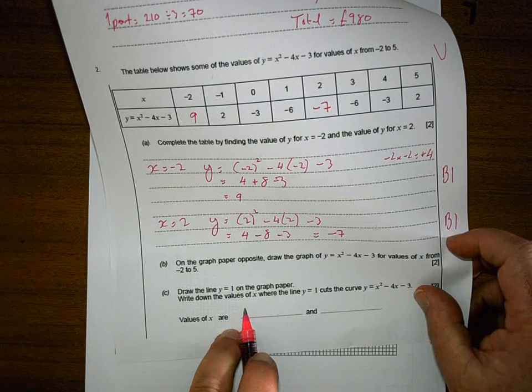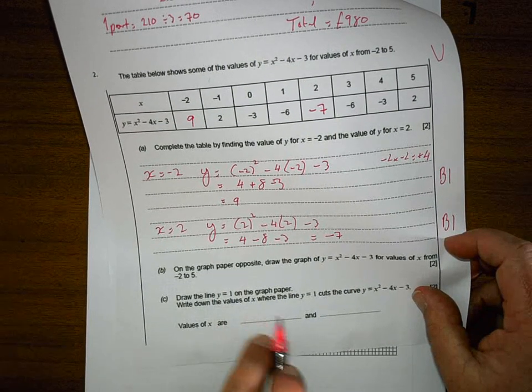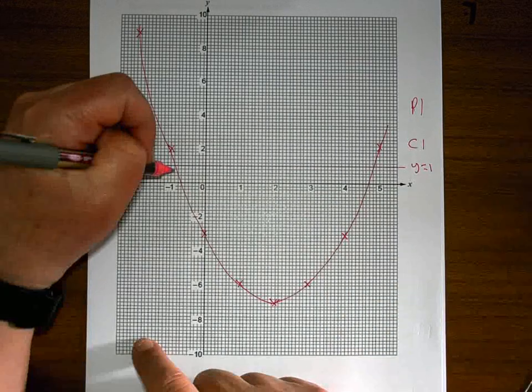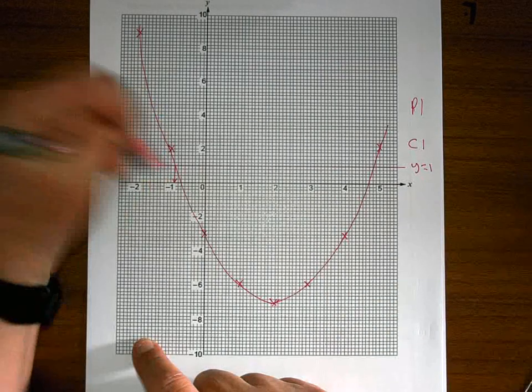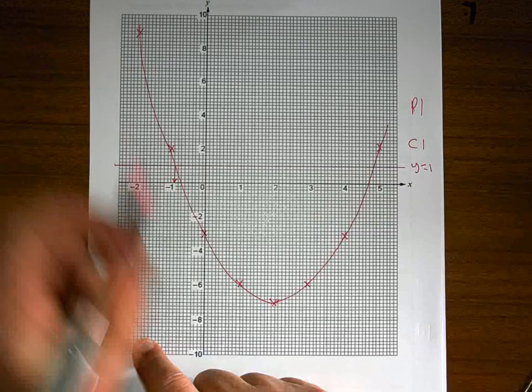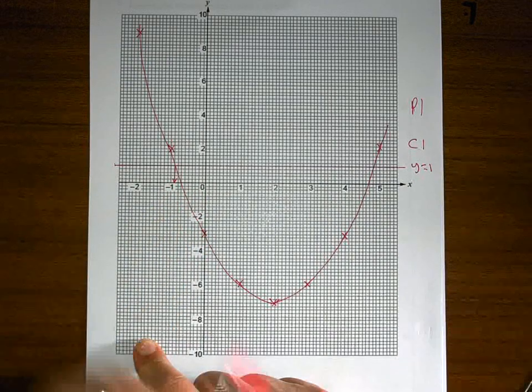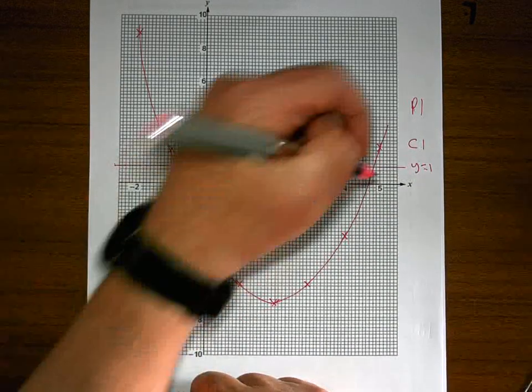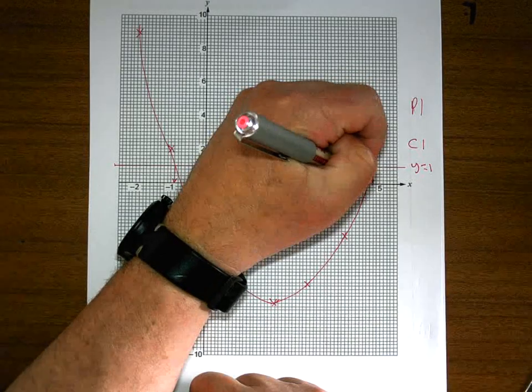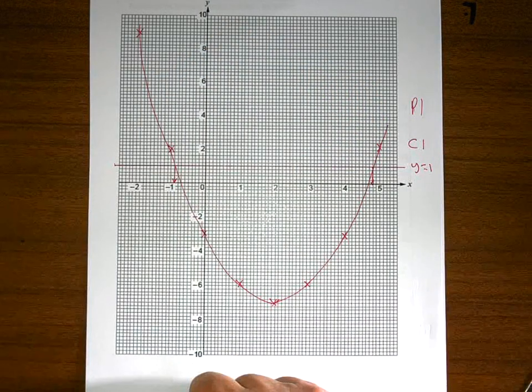So they want to draw the line y equals 1 on the graph paper, write on the values of x where the line y equals 1 cuts the curve. So they want you to work out what that value there is, okay, which is minus 0.9, and this value here, which is 4.8.